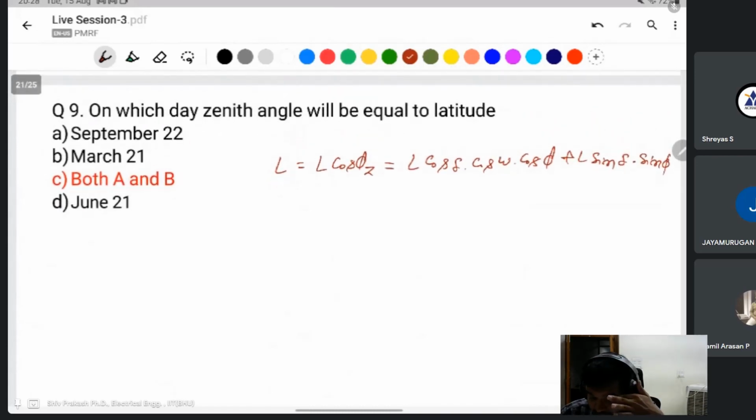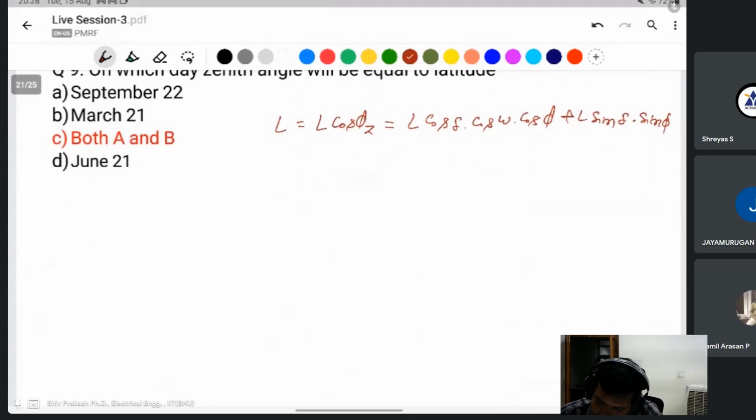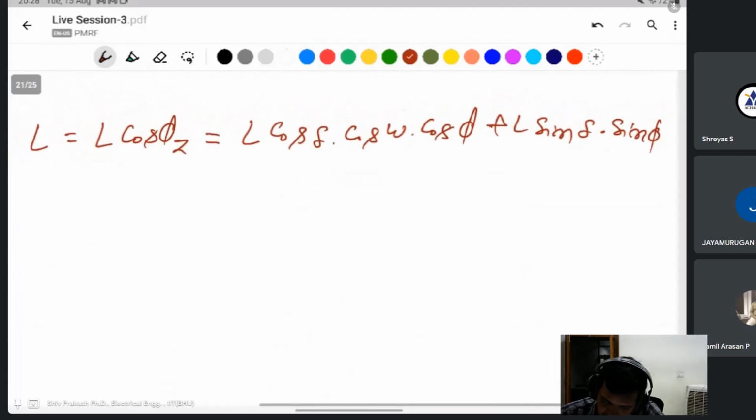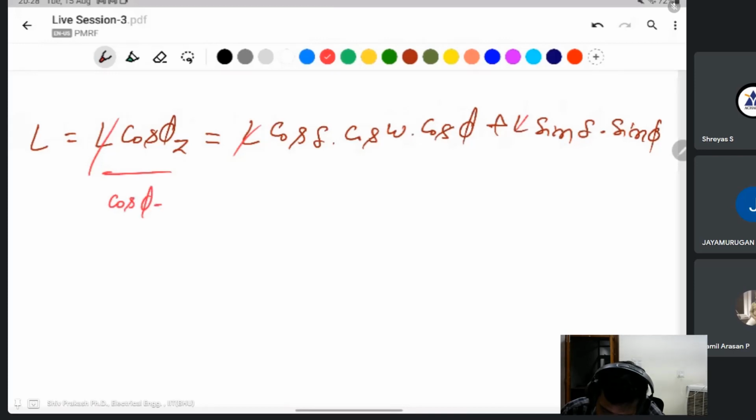Then, on which day will the zenith angle be equal to the latitude angle? See here, the L cancels out, leaving cos phi z equal to cos del into cos omega into cos phi.